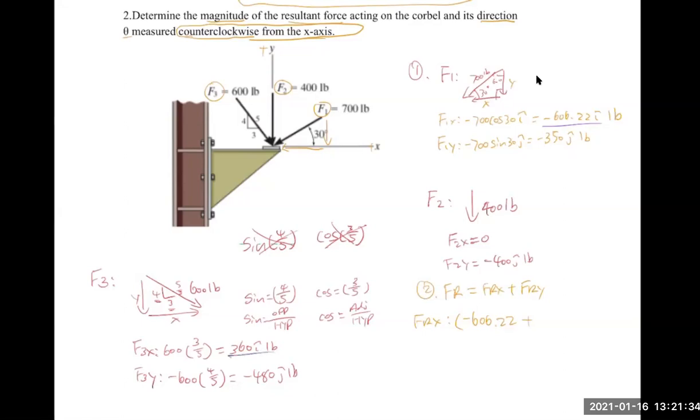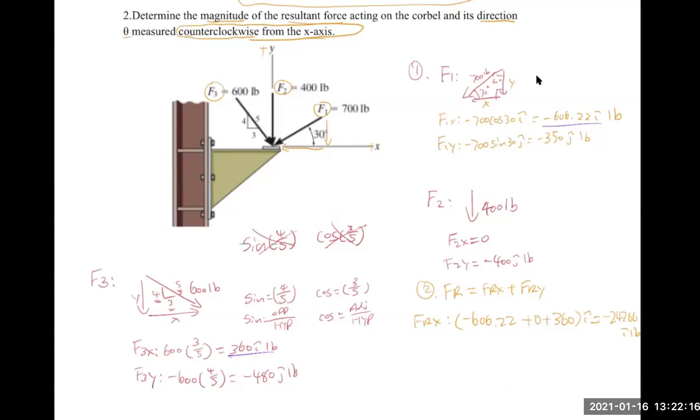Let me just write this 0 right here to make it clear. And plus this F3x, 360 i hat. And if we add this together, this is going to give us negative 246.22 i hat pound force. You can always plug into your calculator to check if my numbers are correct. Sometimes I make mistakes.